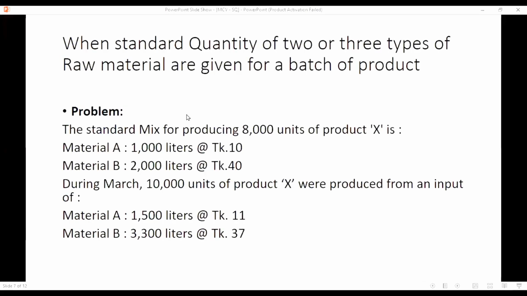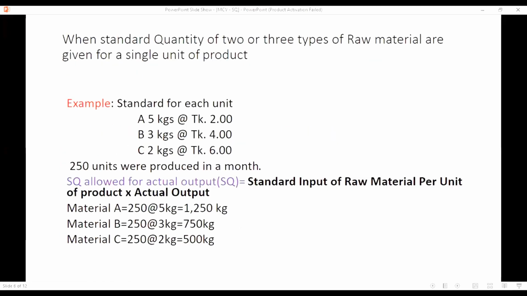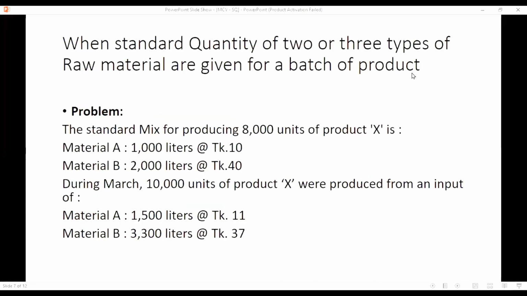Now, when standard quantity of 2 or 3 types of raw material are given for a batch of product. In the previous problem it was a single unit of product. Now a batch of product.